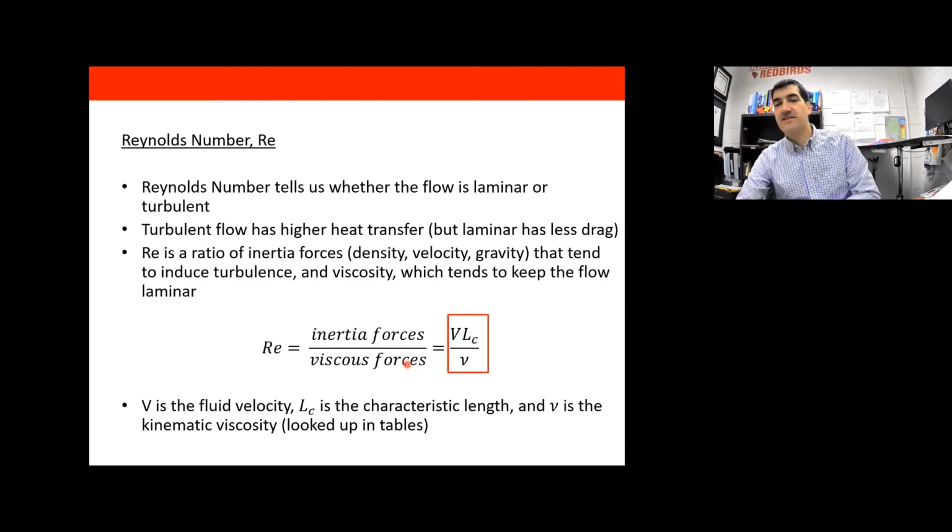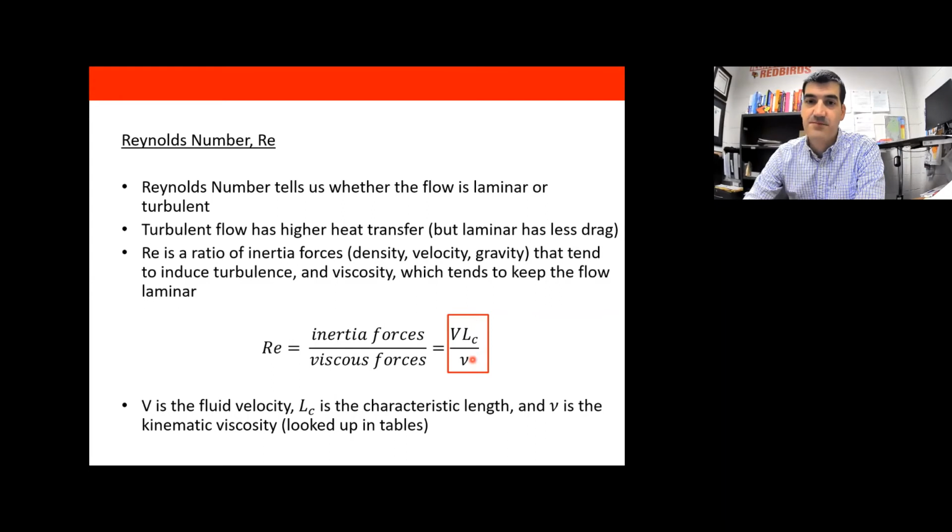If you plug in the terms here, you end up with V for velocity of the fluid. That's the bulk fluid velocity, times what's called the characteristic length. We'll talk about that more shortly. But it's the characteristic length of the fluid flowing over a surface, divided by what's called the viscosity.